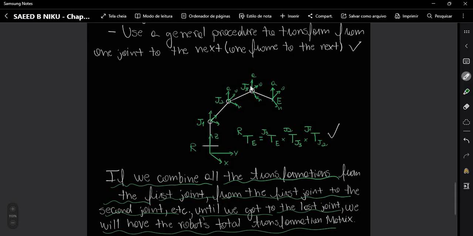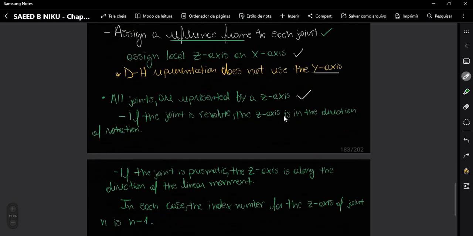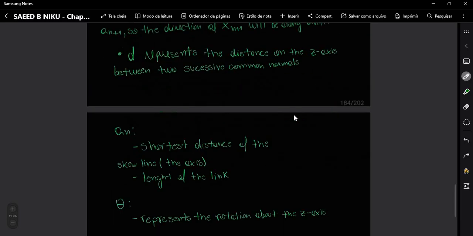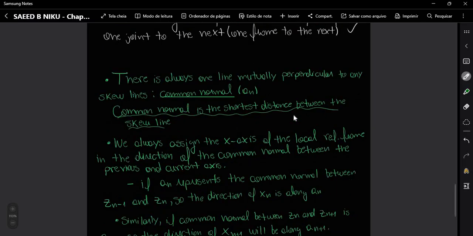This is more for the Cartesian coordinate system. Again, I'm just repeating something that I already told you. So within this second step, we have this procedure.